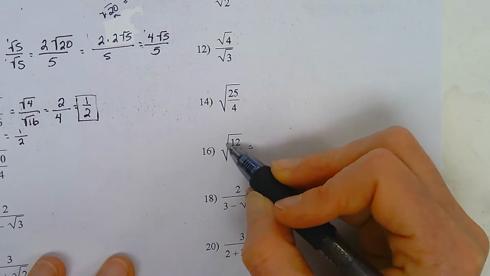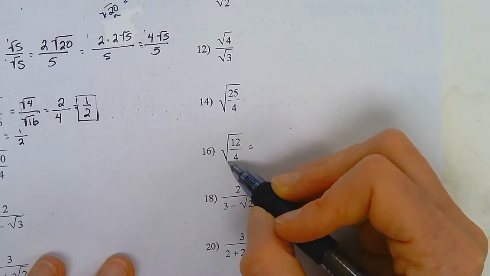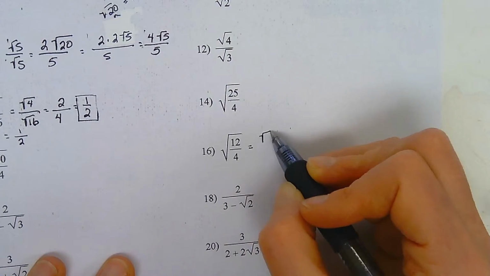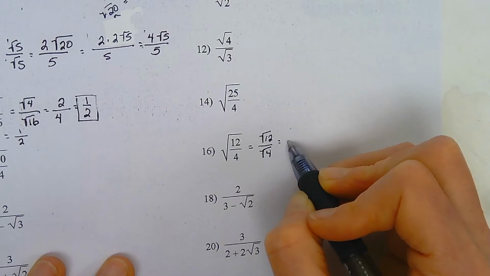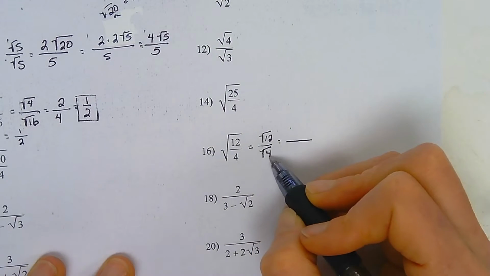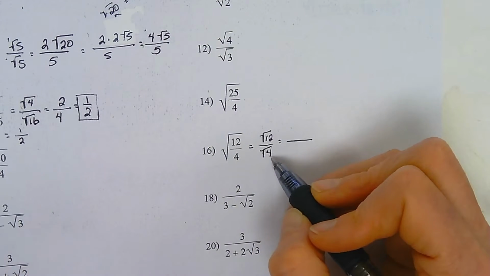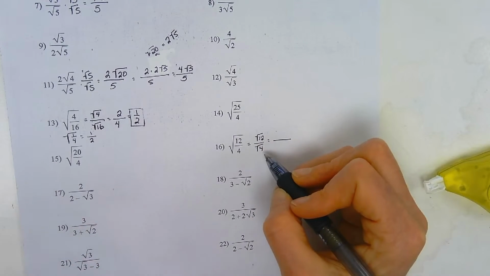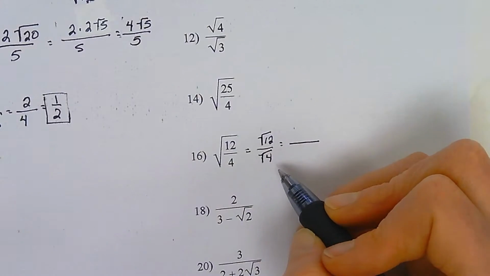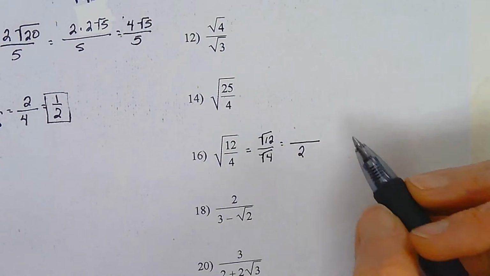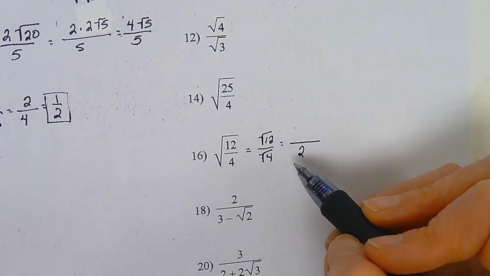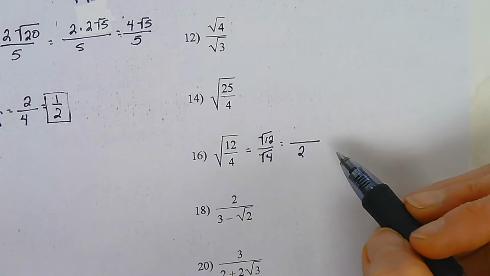The radical sign covers this whole fraction. I can rewrite this as square root of 12 over square root of 4. And 4 is a perfect square, so I can make the denominator 2. 12 is not a perfect square, but I can at least simplify it.